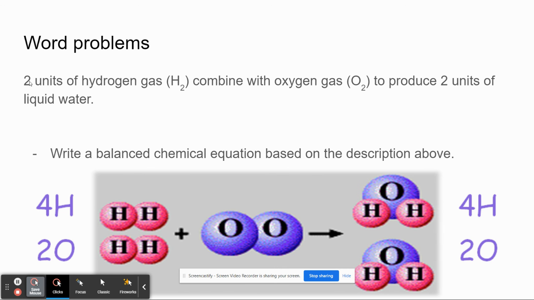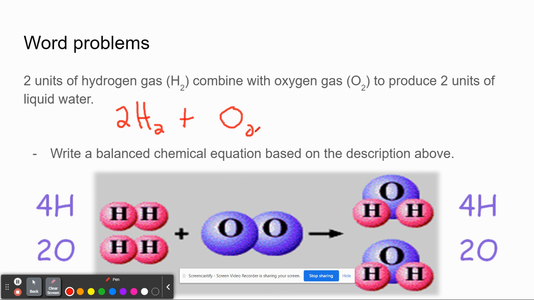We could also do it the other way where I give you a word problem and I say, I want you to write this. So if I have 2 units of hydrogen gas, 2H2, combined with, in addition to oxygen gas, O2, it is going to produce 2 units of liquid water. Whoops, I forgot my gases.